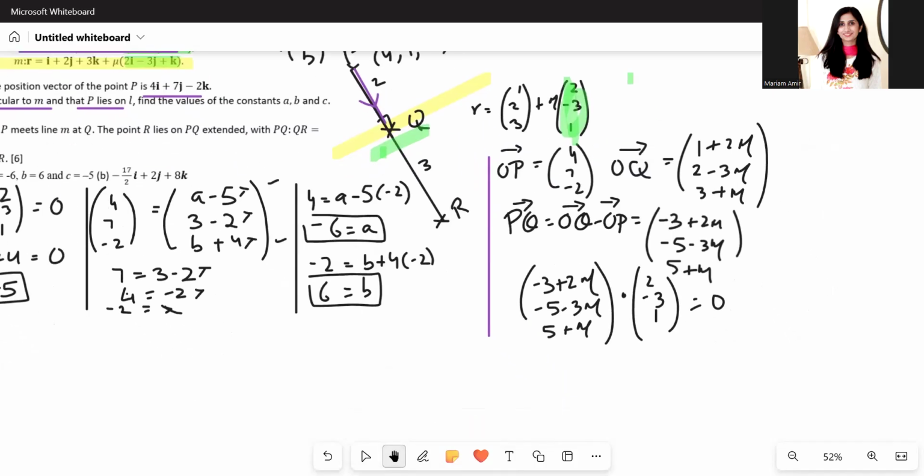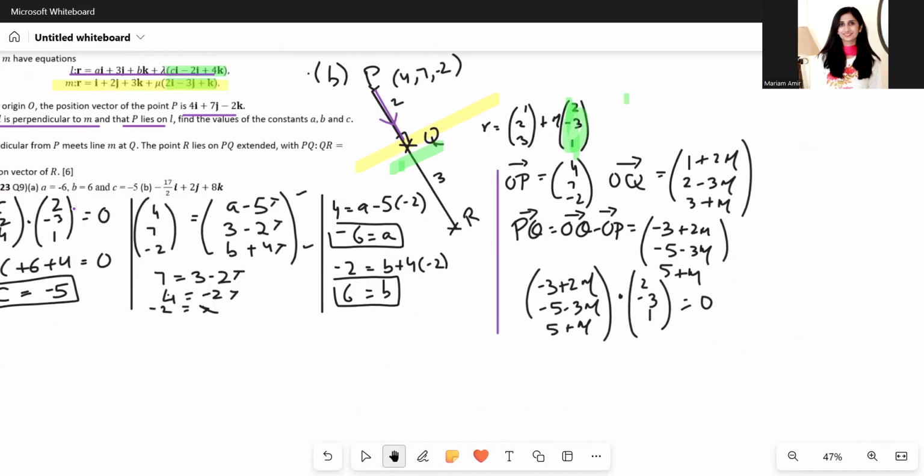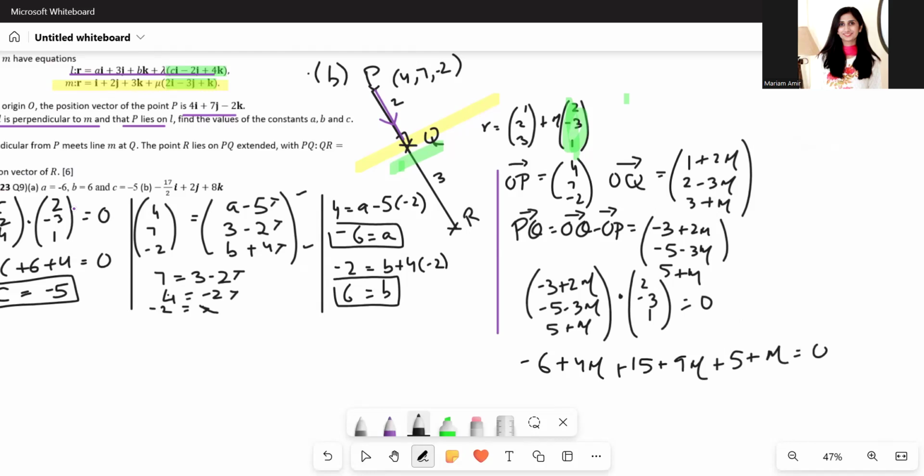Now let's find mu from here. It's going to be minus 6 plus 4 mu, then plus 15 plus 9 mu, then plus 5 plus mu equals 0. That's 14 mu equals minus 14. And hence mu equals negative 1.